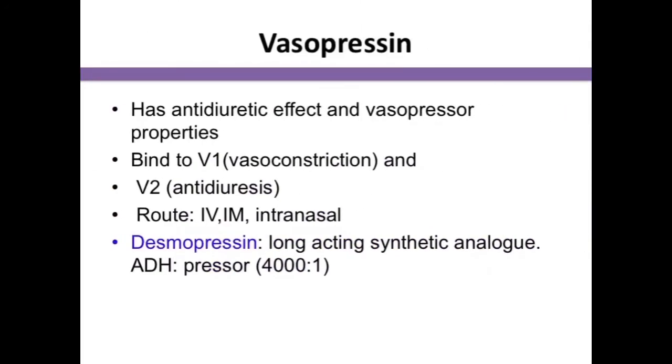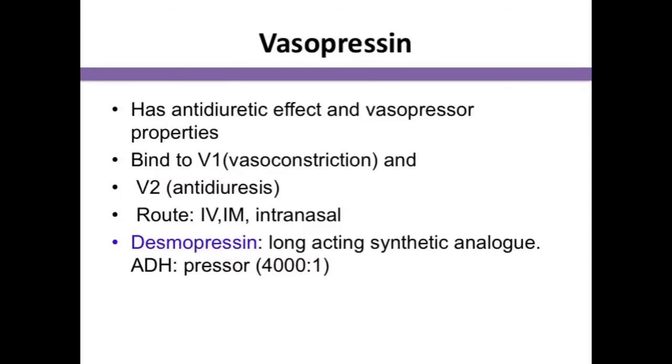Next, we go to vasopressin or ADH. So vasopressin has an antidiuretic effect and a vasopressor effect. It binds to V1, which causes vasoconstriction, and V2, which causes antidiuresis. The routes of administration include intravenous, intramuscular, and also intranasal.